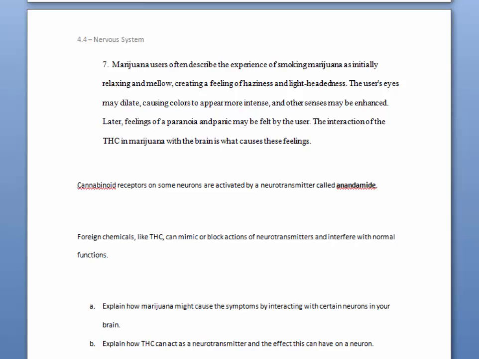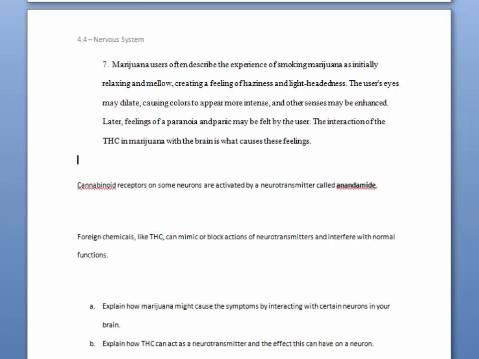The interaction of THC in marijuana with the brain is what causes these feelings. Cannabinoid receptors on some neurons are activated by a neurotransmitter called anandamide. Foreign chemicals like THC can mimic or block actions of neurotransmitters and interfere with normal functions.